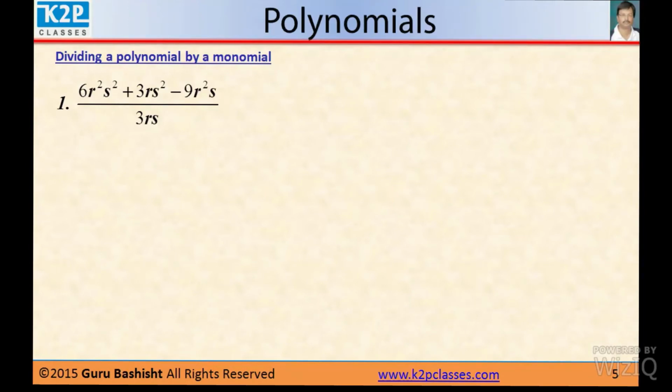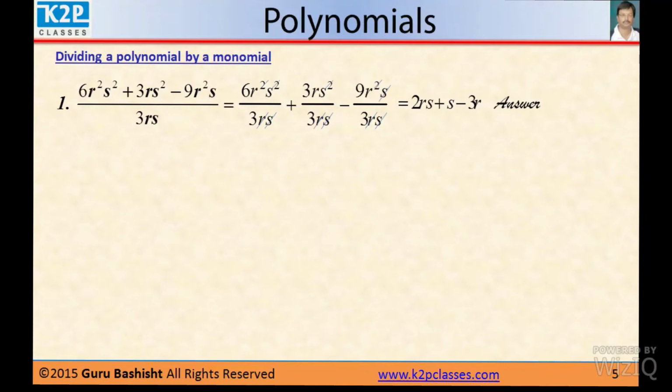This is a very simple one. In this given problem, just do these operations. So 3rs will divide each term, each numerator, and this will be 3rs plus s minus 3r answer.